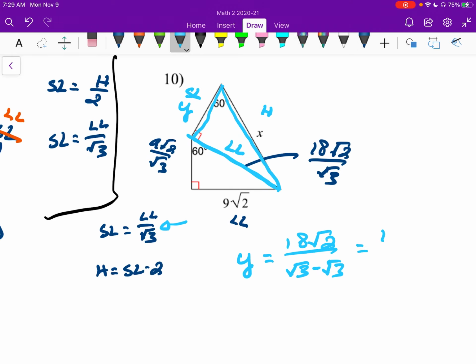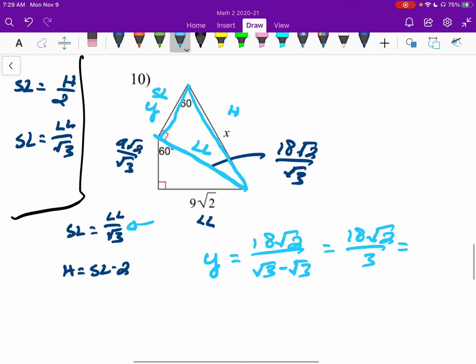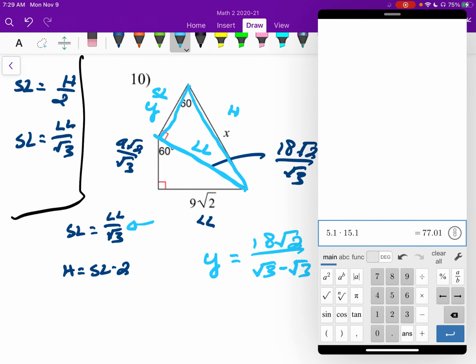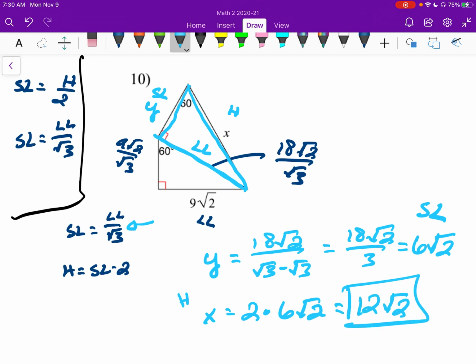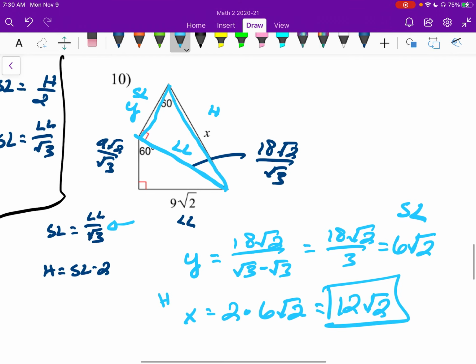So that's the same thing as 18 root 2 over 3, which I believe can simplify down. What is 18 divided by 3? 6. Okay, that makes sense. We got 6 root 2. Now this is our short leg. Our x, our hypotenuse, is 2 times the short leg. There we are.